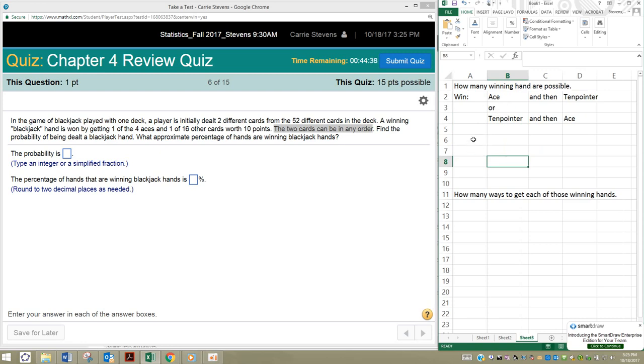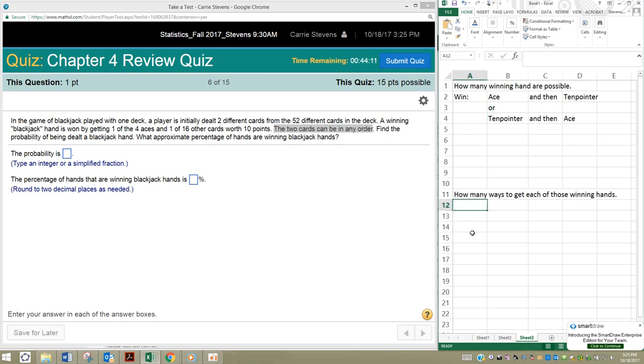So in order to win, I need the probability of the first event, an ace and then a 10-pointer, added with the probability of a 10-pointer and then an ace. So that's my addition rule part of the problem. But now I need to figure out what each of these probabilities are before I apply the addition rule.